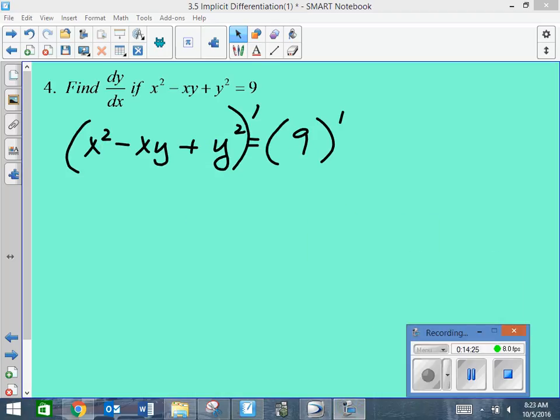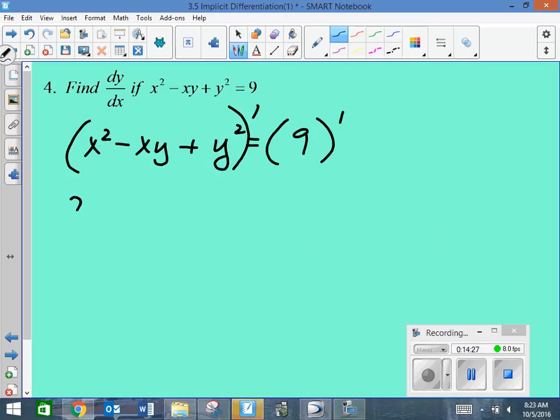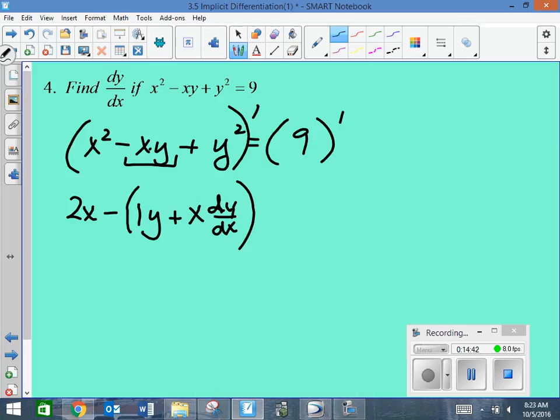Okay. 2x minus, now I'm going to use the product rule, derivative of x times y plus x times the derivative of y with respect to x. If you want to do y prime at that moment, because that's what you're used to on the product rule, just switch it back at some point to dy/dx.